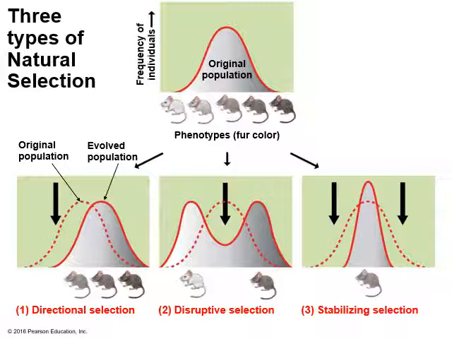Okay, I want to talk about the three kinds of ways that natural selection can shape a population. So let's say we've got a population of mice that have a shade of colors, where you have some really dark ones, some kind of gray ones in the middle, and then some really light ones.